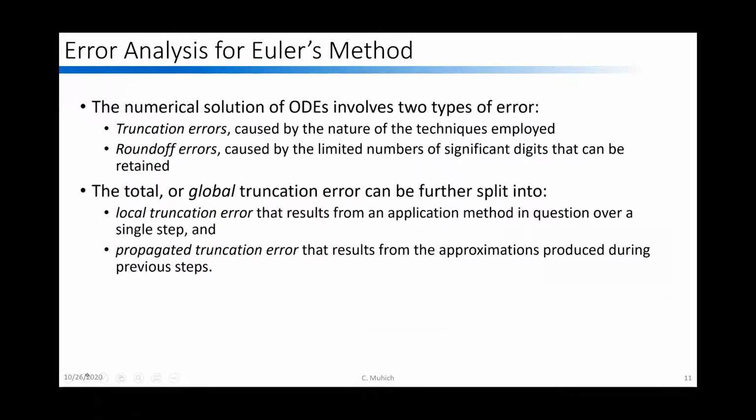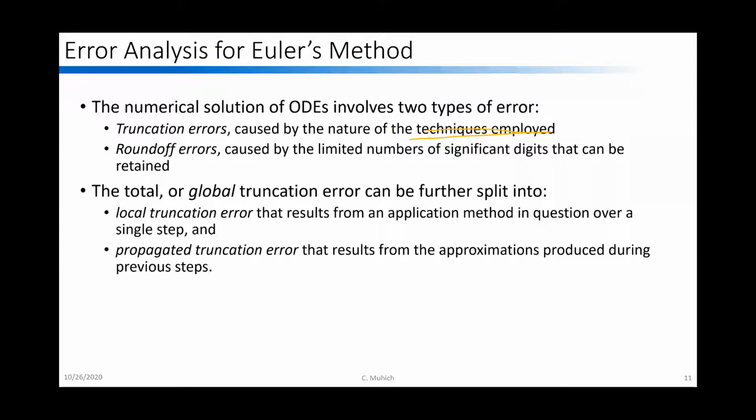The first type of error is a truncation error. This is the error that's caused by the nature of the technique, so this is what we can control. Round-off error is that idea that we have previously talked about, where we're only considering a certain number of digits that we're using and writing down from step to step.